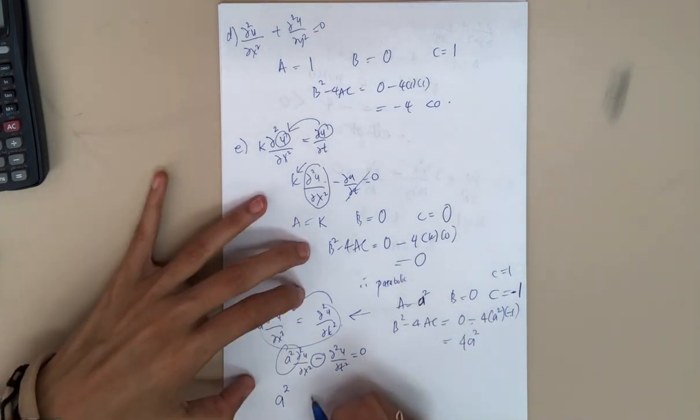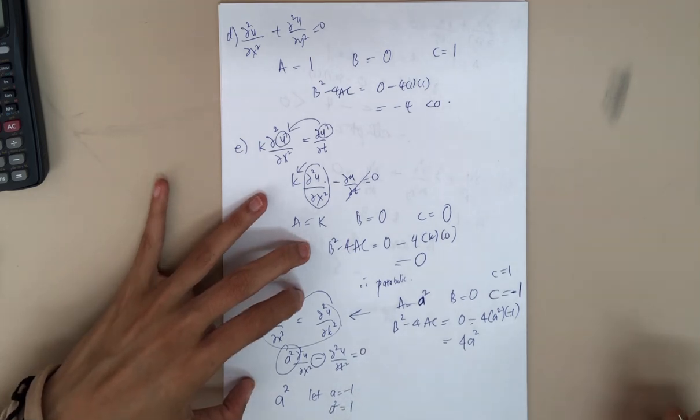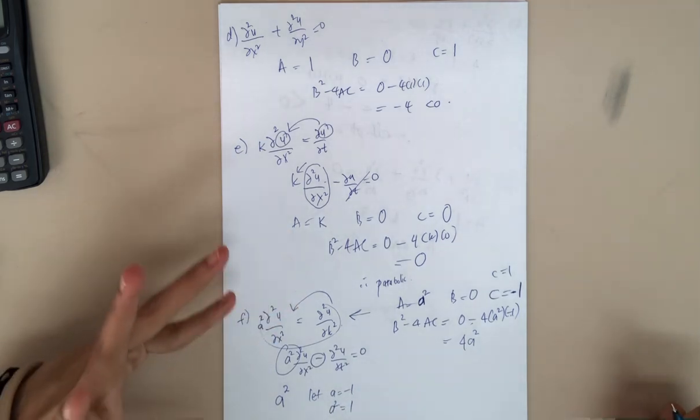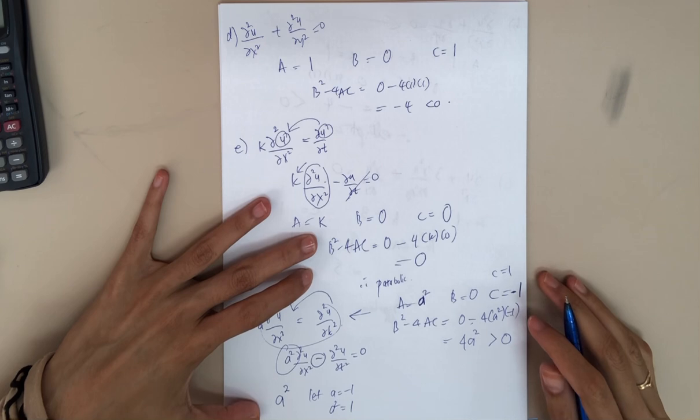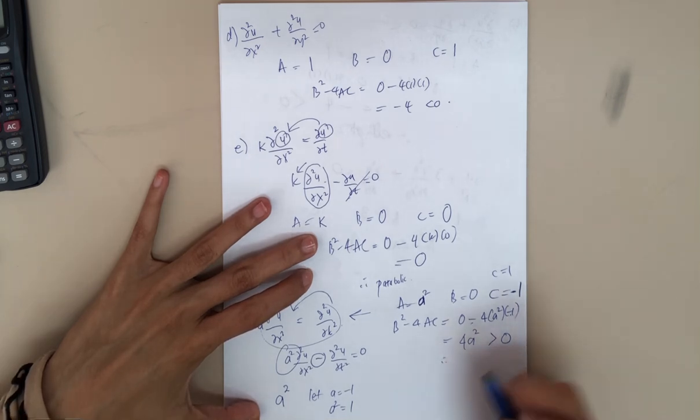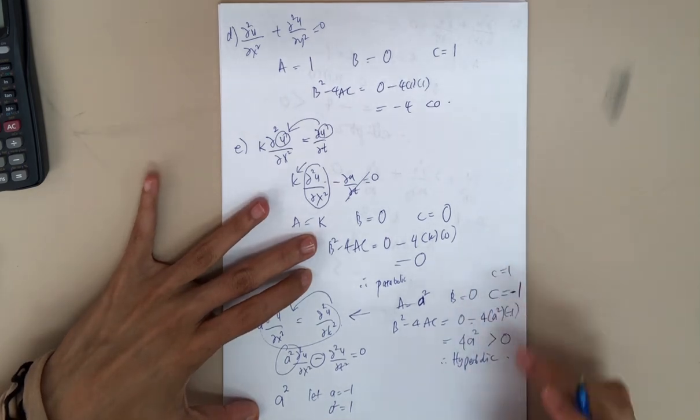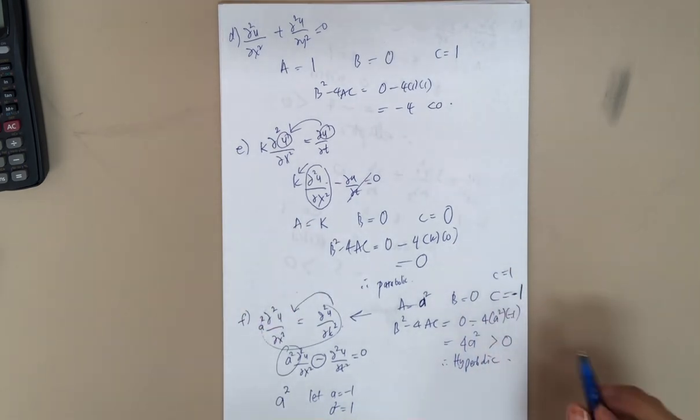Let's say A is -1, so A square will be +1. Any number will lead to positive. So therefore, 4A square is always greater than 0. So it will be hyperbolic.